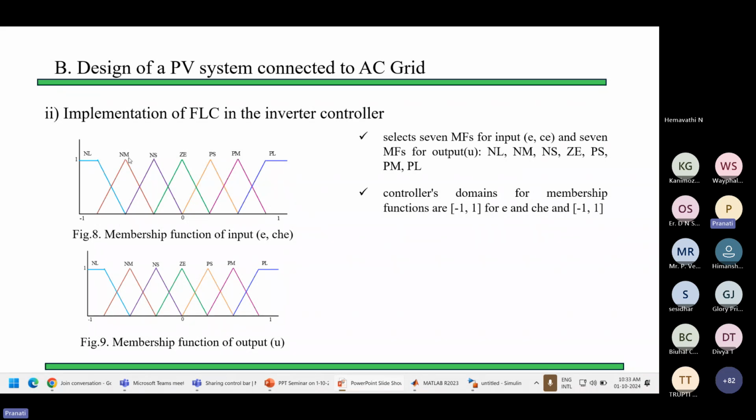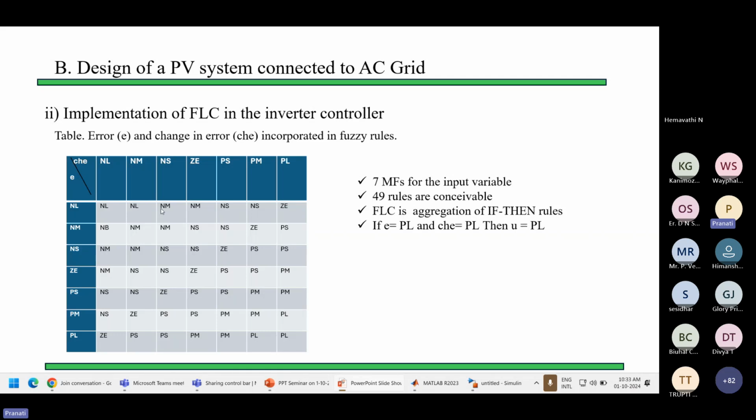We need to form them properly: negative large, negative medium, negative small values. Then we make the control strategy, and then the fuzzy logic control block will also work.